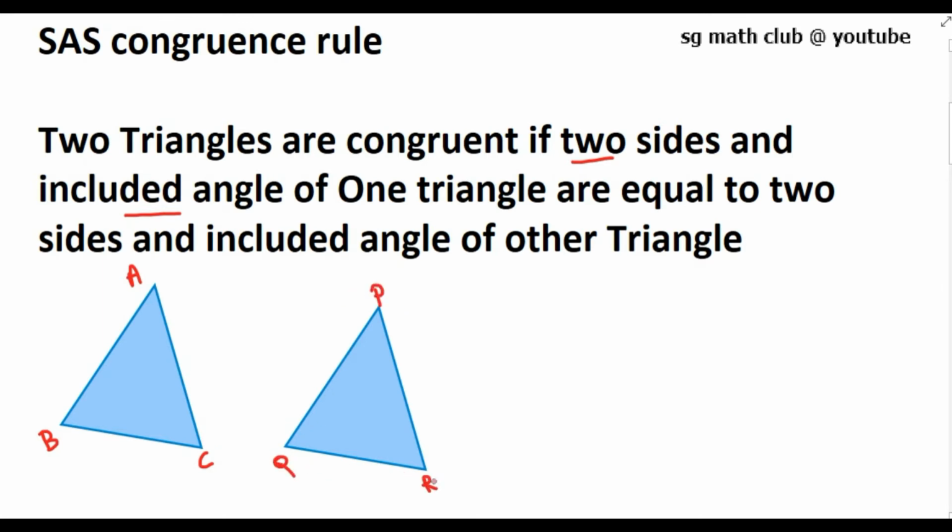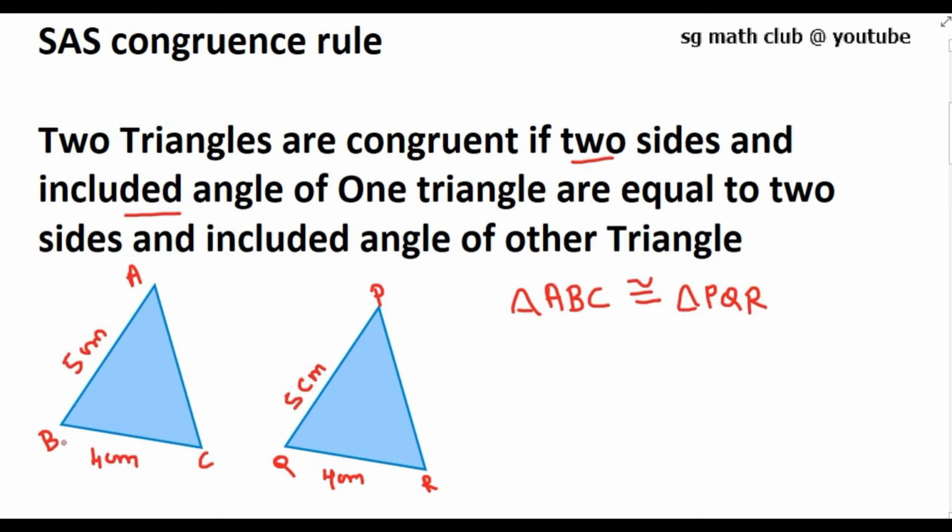Triangle ABC is congruent to triangle PQR if two sides, any two sides you can take. I am going to take BC and QR, they are equal. Again AB and PQ, they are equal.